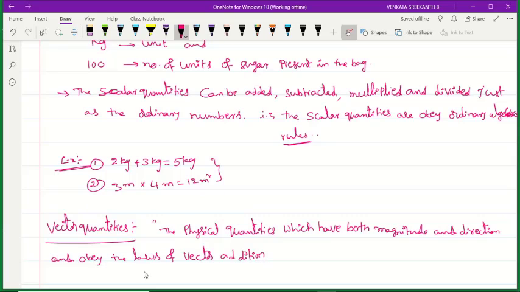What are the laws of vector addition? I will tell you, don't worry.